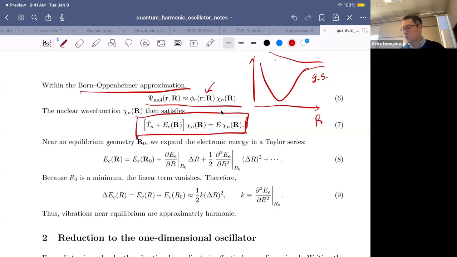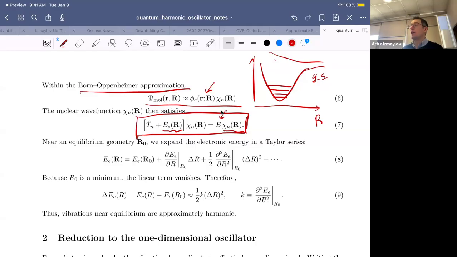So there are multiple solutions for the electronic problem. And all these solutions go here in the nuclear part and define the different nuclear eigenstates. Okay, so for every electronic solution, we will see that there will be multiple nuclear solutions that correspond to different levels, right?